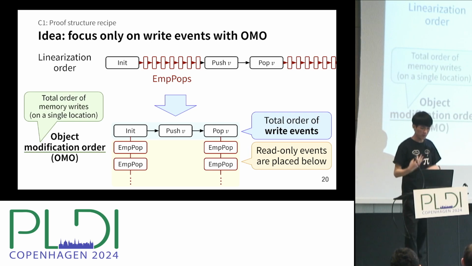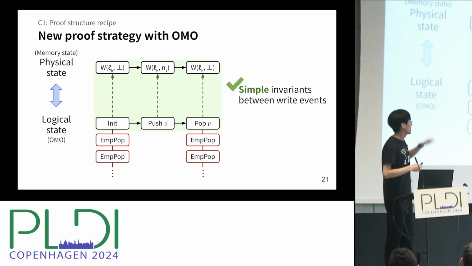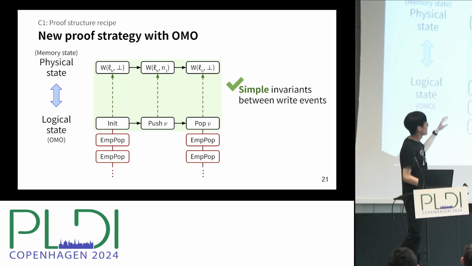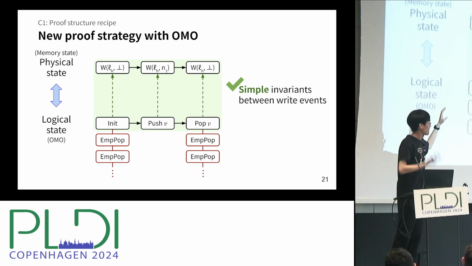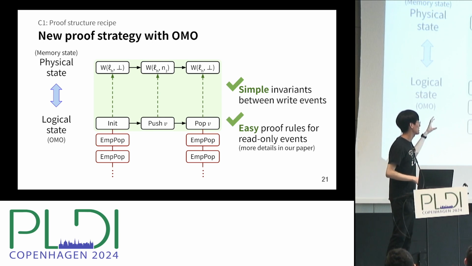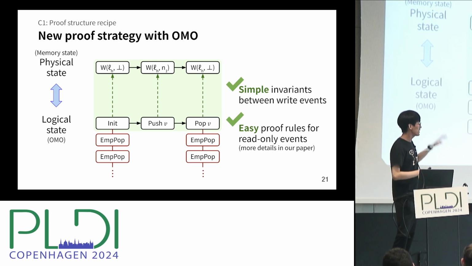Using this object modification order, it is now possible to set up a strong connection between physical state and logical state by only considering the write events. As a result, simple invariants are now possible by only considering the write events. Furthermore, since the OMO structure is a specialized structure for dealing with read-only events, we designed several proof rules that are very easy to use, and these proof rules contributed to a large reduction of the proof effort.